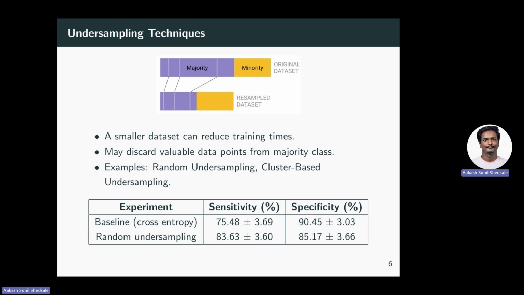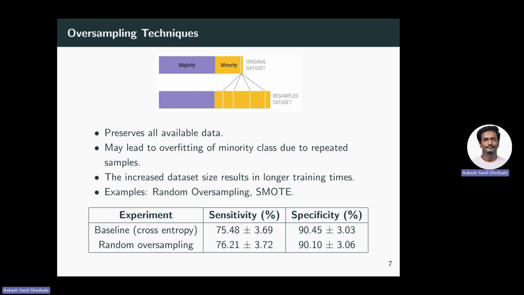And with random undersampling, I got a sensitivity of 83.63 and specificity of 85.17. These results are reported by conducting the same experiment 10 times, and the mean and standard deviation of results are reported.